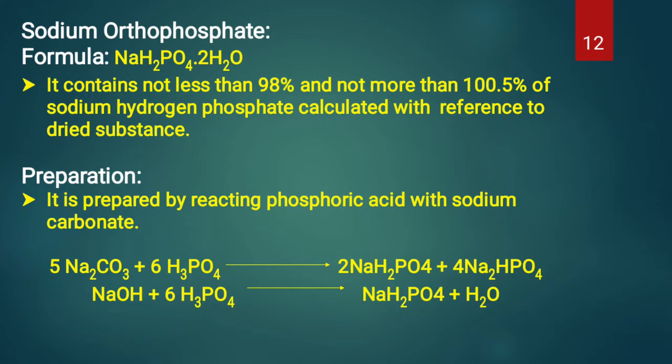It is prepared by reacting phosphoric acid with sodium carbonate. Six molecules of phosphoric acid react with 5 molecules of sodium carbonate to give rise to 2 molecules of sodium orthophosphate. Another reaction involves sodium hydroxide reacting with phosphoric acid to form sodium orthophosphate.